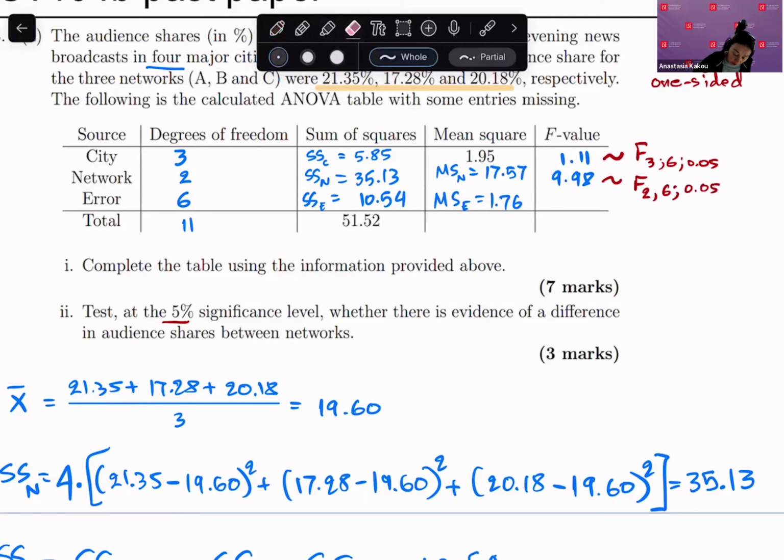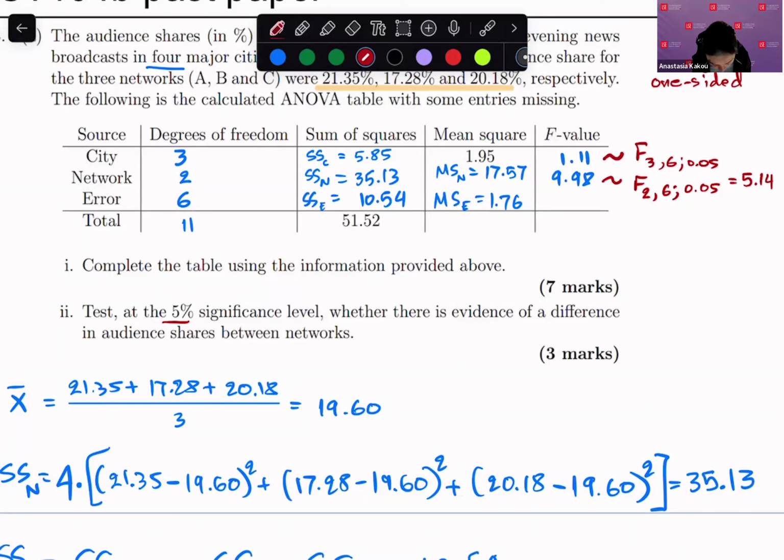If you look at the statistical tables, for the second one, which is the question, that is equal to 5.14.